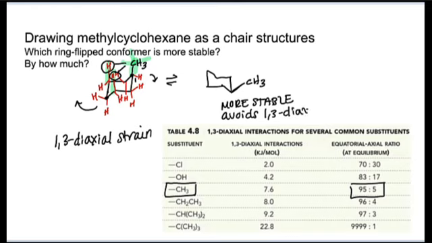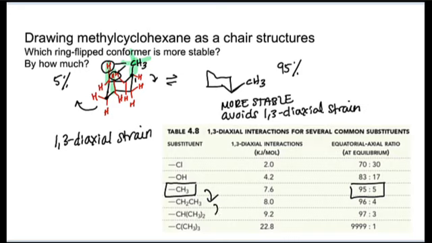because it avoids 1,3 diaxial strain, and about 95% of the molecules are in this conformation, and about 5% are in the conformation in which the methyl group is axial.